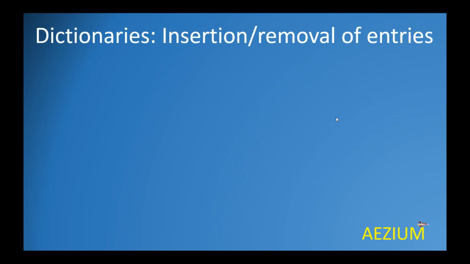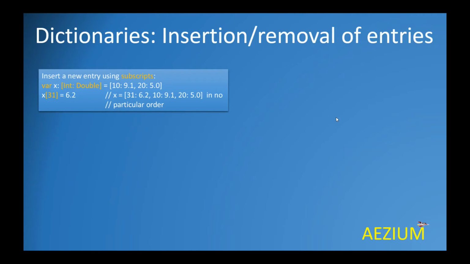In addition to altering the entries of dictionaries, we can insert a new entry into the dictionary or remove an entry from the dictionary. Here I'm showing an example of the way we can enter a new entry into the dictionary. The way it's done is by using subscripts, and the syntax is shown here, where x is the name of a dictionary variable, and inside square brackets we enter a new key which has to be different to the existing keys of the dictionary.